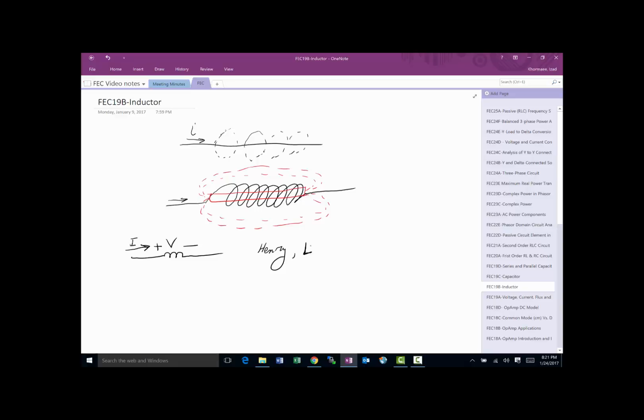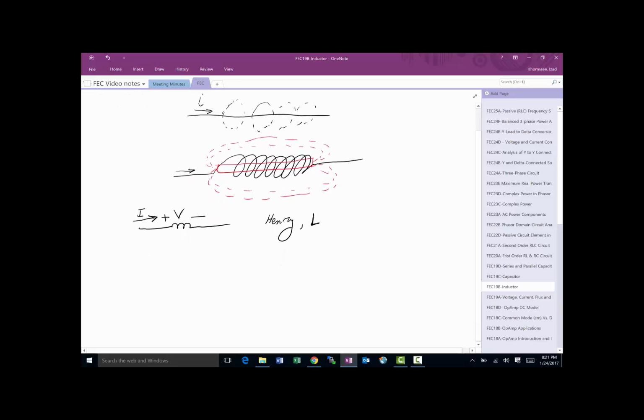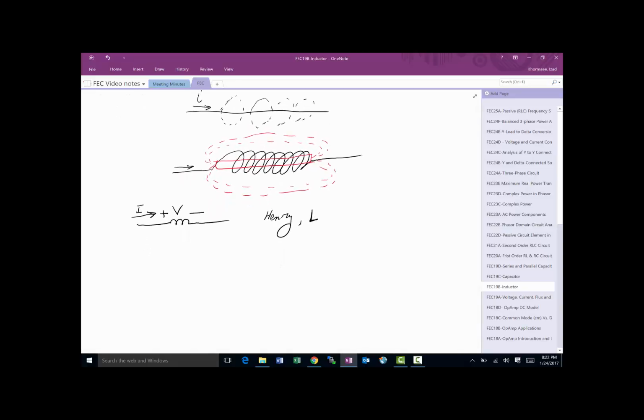Okay, now the relationship, as we mentioned in one of the previous presentations, is the change in current equals change in flux, and change in flux is actually voltage.